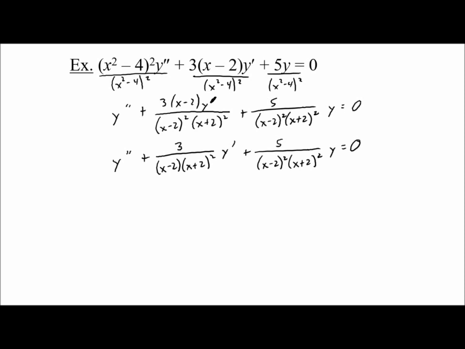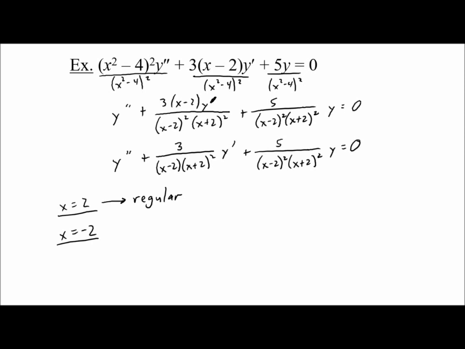Now hopefully you'll agree that the values of x that make us divide by 0 are x equals 2 and x equals negative 2. Both of these are singular points. Now, x equals 2 is what's called a regular singular point.